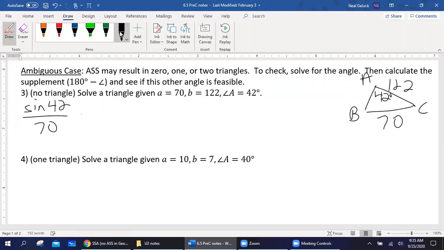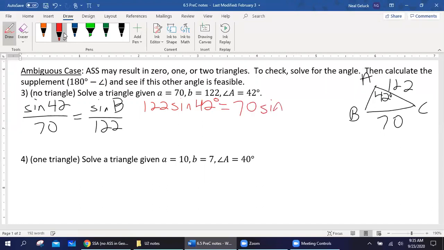Now this one's going to be different than what we've seen. Sine B, capital B for angle B, over 122. Still going to cross multiply. So this is going to be 122 sine 42 degrees equals 70 sine B.